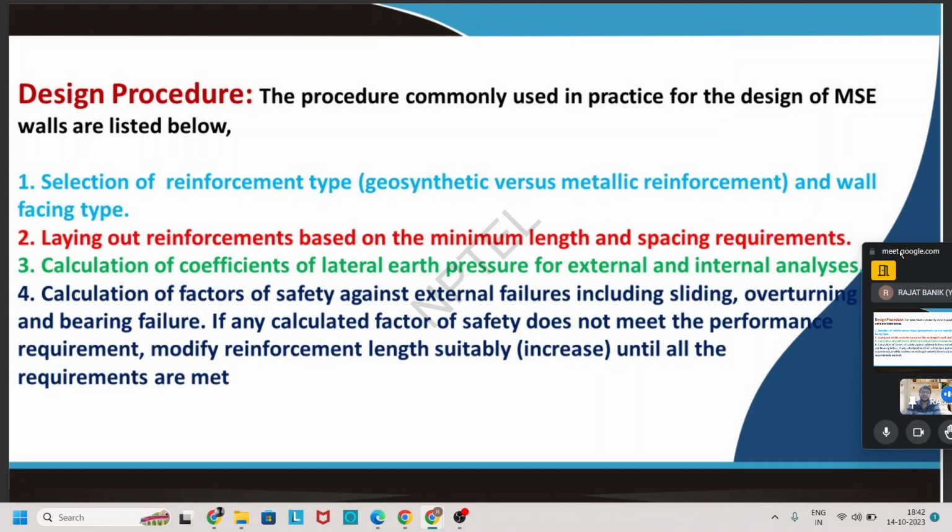If any calculated factor of safety does not meet the performance requirement, modify the reinforcement length suitably or increase it until all the requirements are met. So these are the requirements we need to check while designing the mechanically stabilized wall.